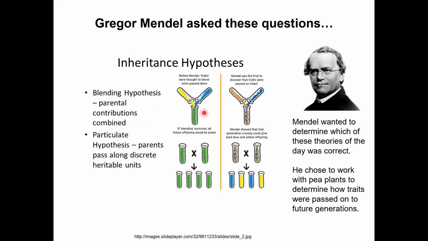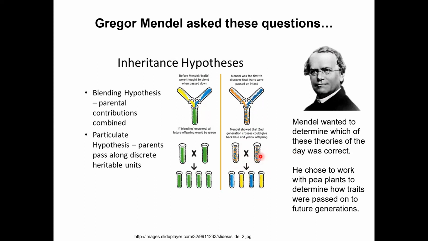Then there was the particulate hypothesis, where discrete heritable traits have different units that end up being inherited as those specific units, and then they just show up as they are.